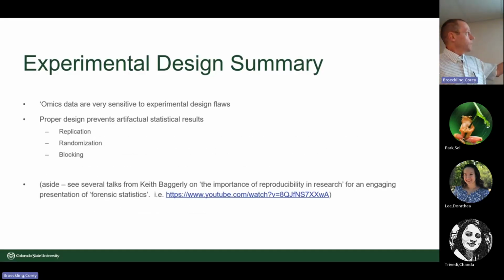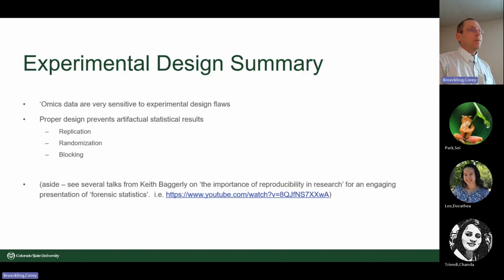So, a quick summary of that, and I encourage you to read the paper. That's a great paper that's out there that organizes this. I pulled their figures, I used their concepts. Omics data are very sensitive to experimental design flaws. You want to be careful in designing your experiment, and that's because they're so multivariate or multifactorial. We've got thousands or tens of thousands of variables that we're looking for.